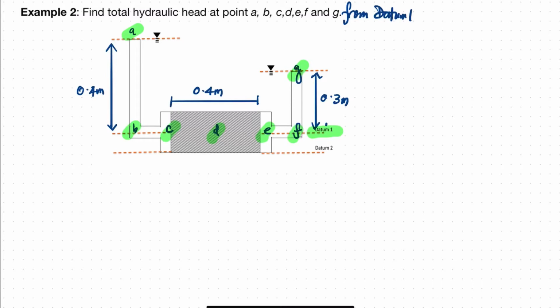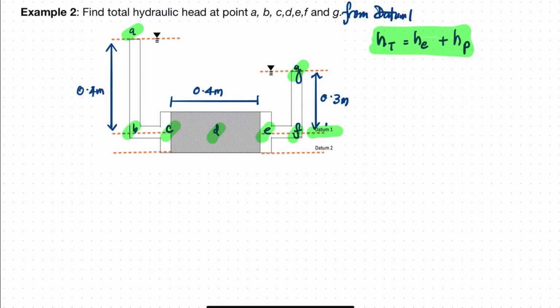Now, if you can recall how to find the total hydraulic head, HT equals elevation head plus pressure head. Okay, from this equation, we try to find it for each of the individual points.